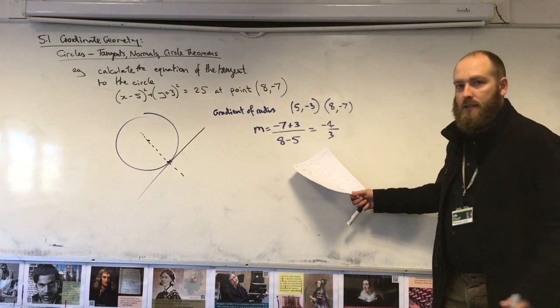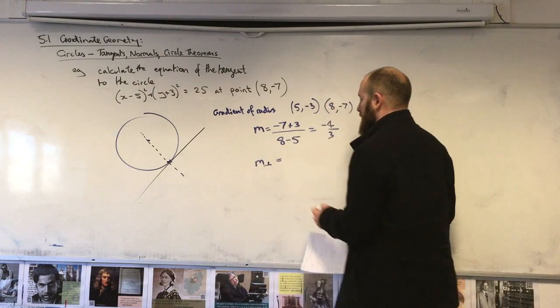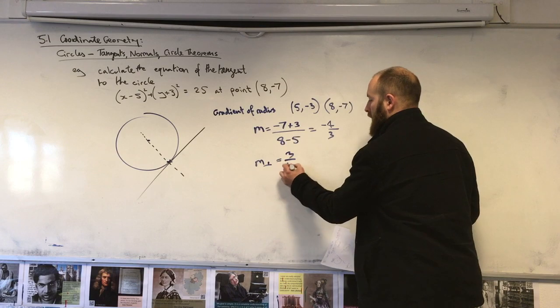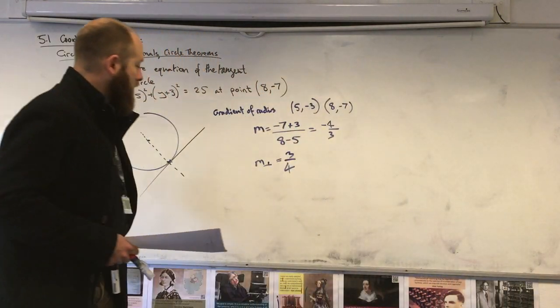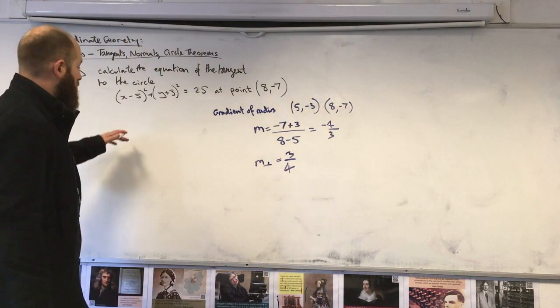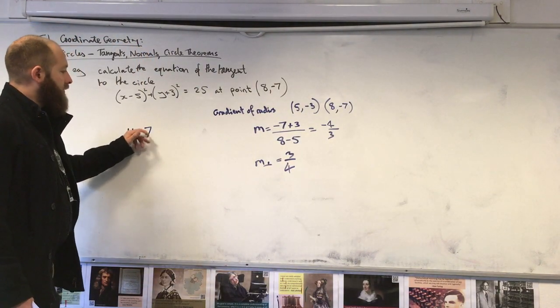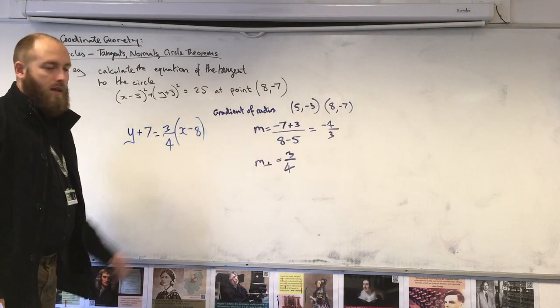So that's the gradient of the radius. So the gradient of our tangent is going to be the negative reciprocal of that. So for above. And then we know our gradient, we know the point we need to pass through. So y plus 7 equals 3/4 (x minus 8).